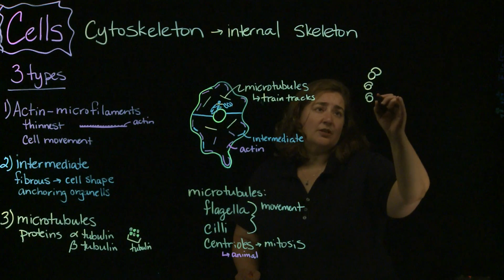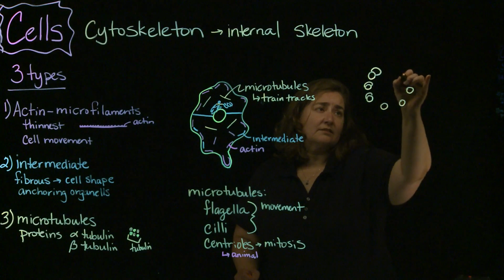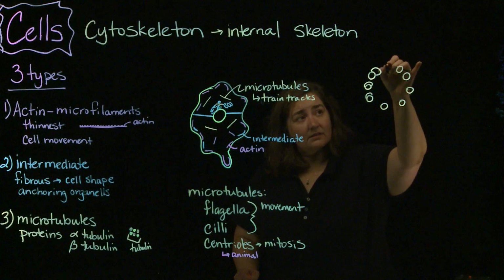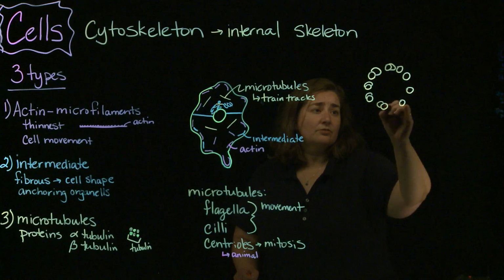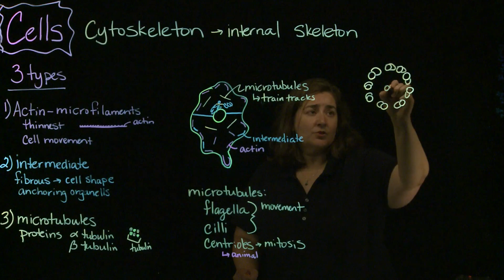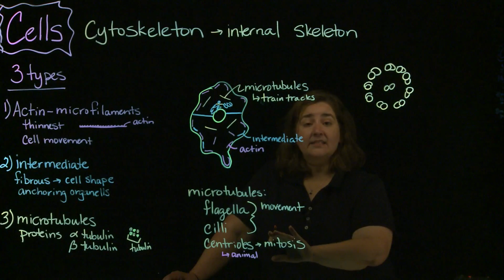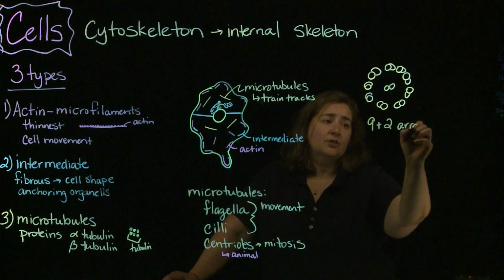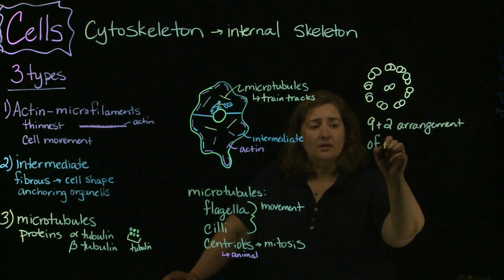All right, what you're going to have, we've got 3, 4, 5, 6, 7, 8, 9. All right, so we've got 9 doublets, and then we're going to have 2 in the center. So the arrangement for the flagella and the cilia is a 9 plus 2 arrangement of microtubules.